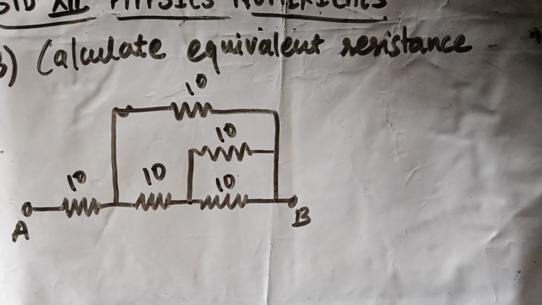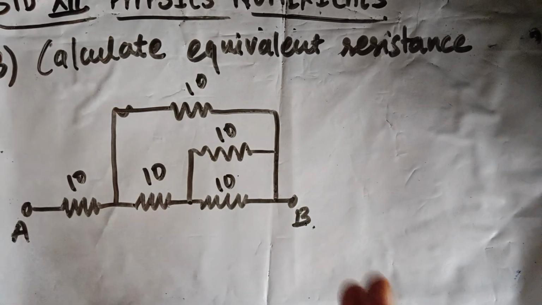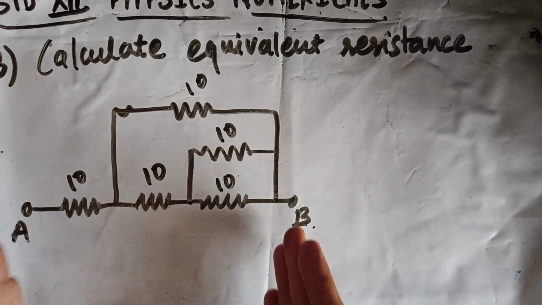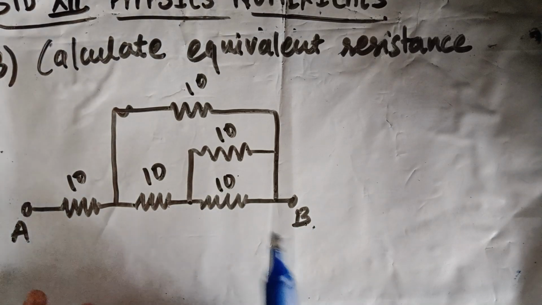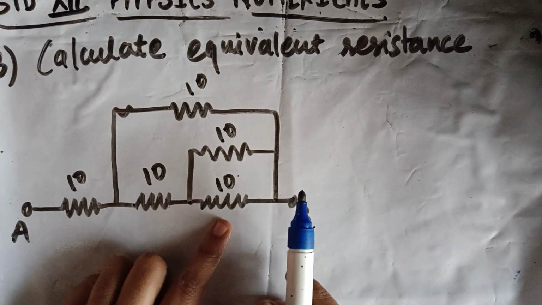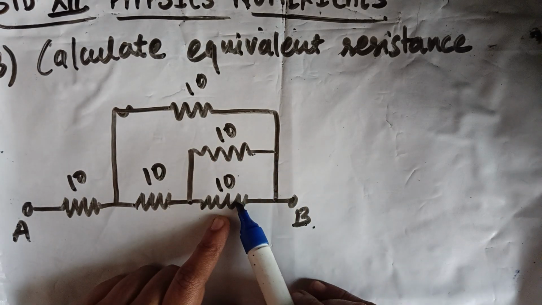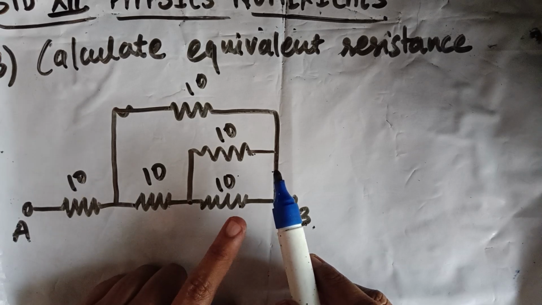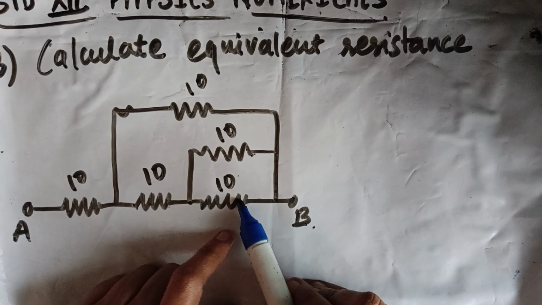Next question, you have to calculate the equivalent resistance. Our circuit starts from A to B. So it starts at A and finishes at B. We have to calculate the resistance between these 2 points. You have to start from here.